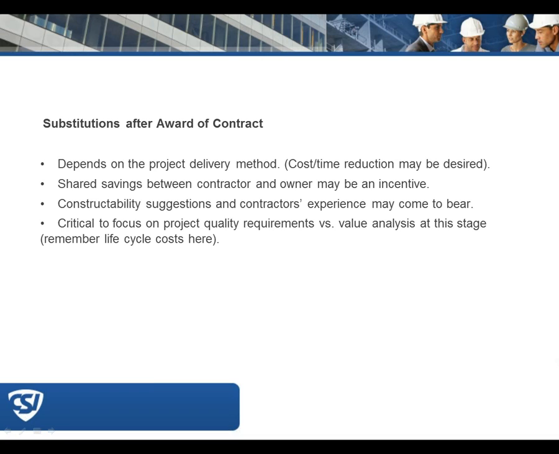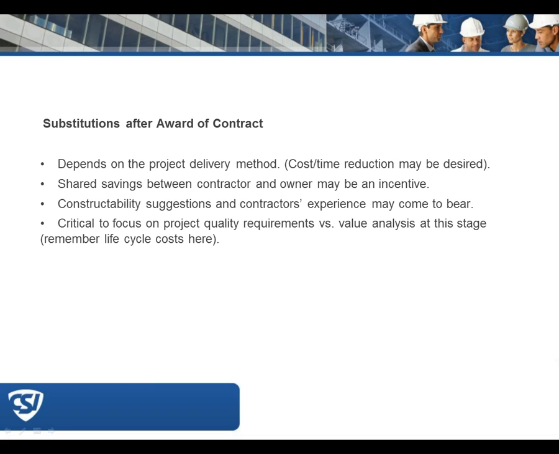Doug, you have anything to add to that? No, I agree. Time would be a big one, which you could say time is money, and you may pursue getting some savings back, not because the value of the substitution is less or the cost of the substitution is less.